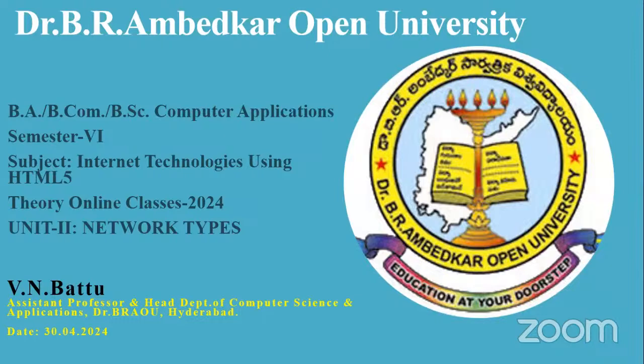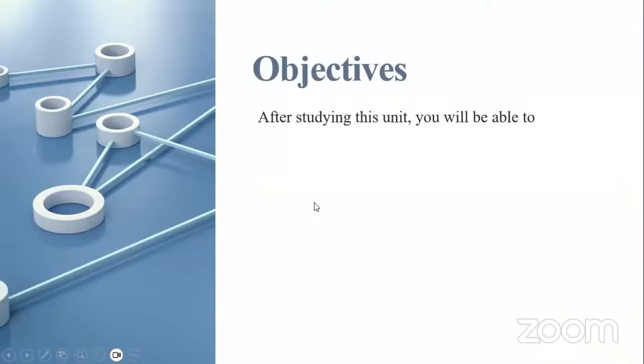What are the network types available that we are going to cover today? The objectives: what are the objectives of today's class? It means what you are going to learn after completion of this unit.